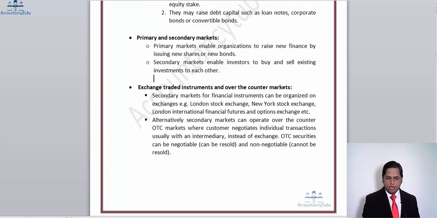Then we have primary and secondary markets. Primary markets enable organizations to raise new finance by issuing new shares or new bonds. As I've just told you, if you're going through an IPO or through a finance or brokerage house, since you're using the stock exchange for the very first time, that's your primary market. Secondary markets enable investors to buy and sell existing investments to each other.